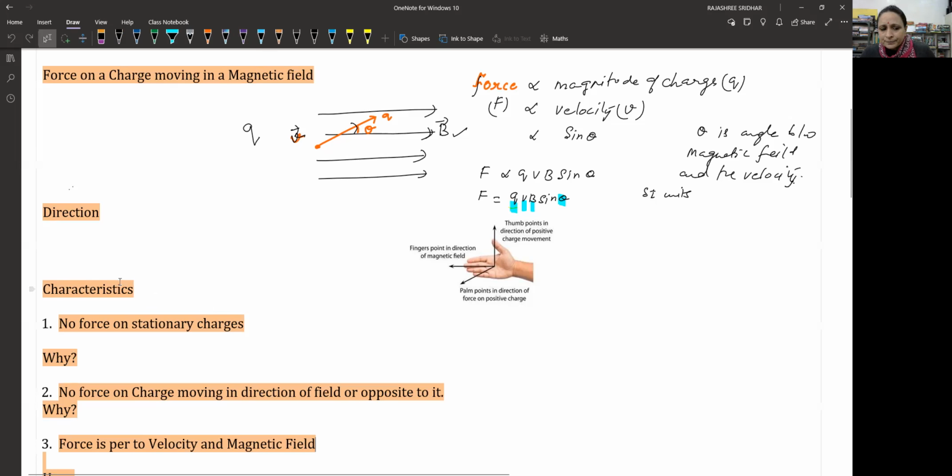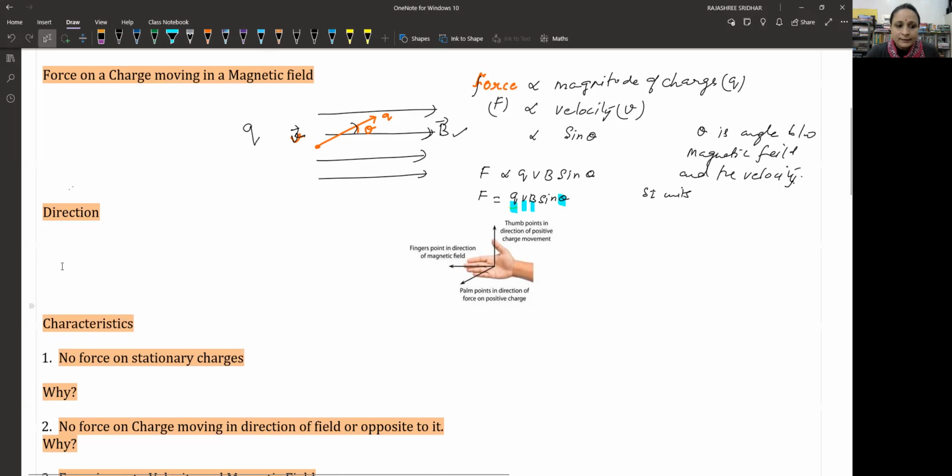Right. Now let us talk about the characteristics. Before I teach about the characteristics, let me tell you the factors on which this force depends, looking at this more qualitatively. F depends upon charge. That means the particle entering here should be either a positive or negative charge.